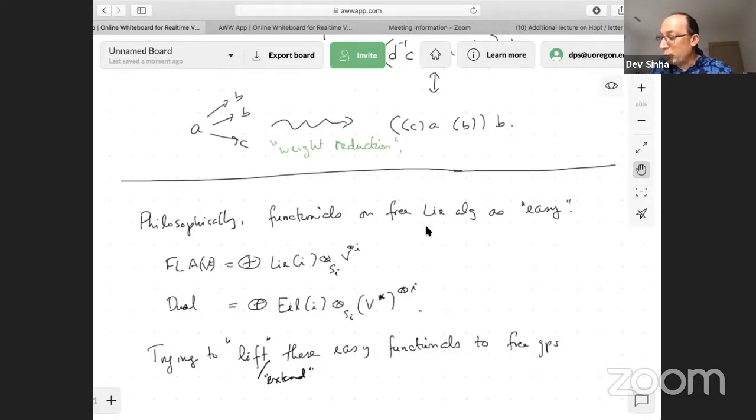And what we do is we show the key theorem.